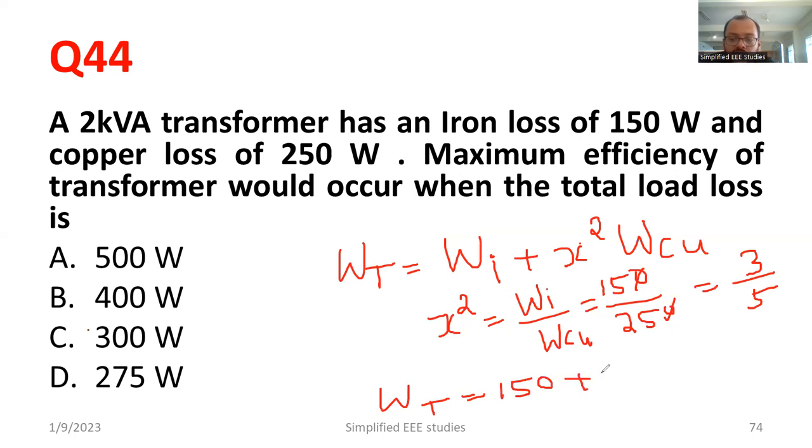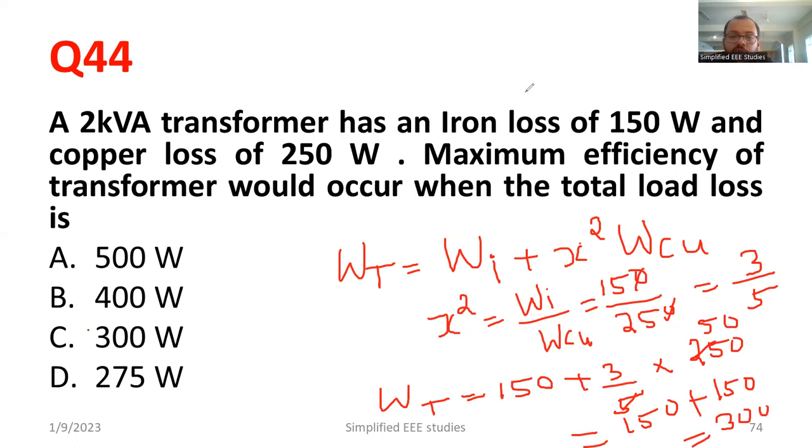Plus 3 by 5 into copper loss. What is copper loss? 250, correct? So it becomes 150 plus 3 into 50, which means 150. 150 plus 150 is nothing but 300.